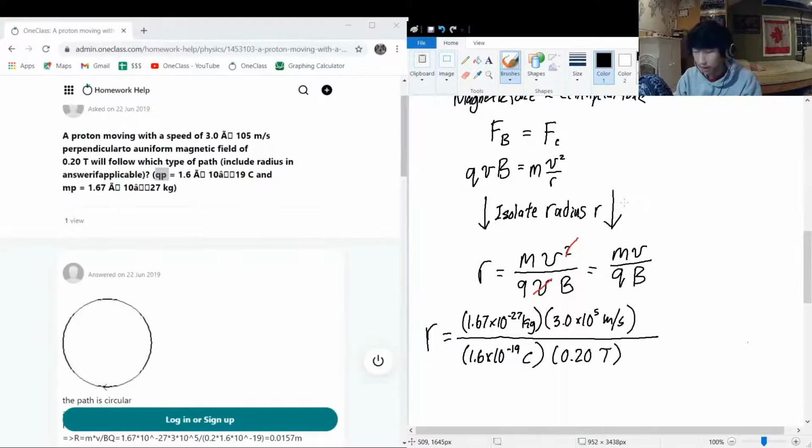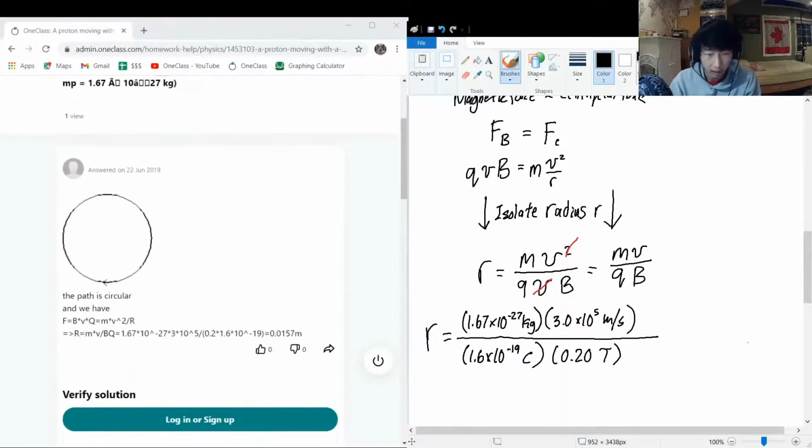The result I got is 0.01565625 meters, which seems reasonable.